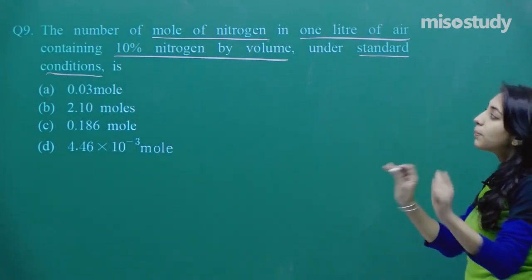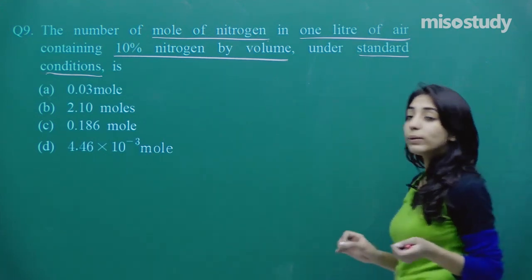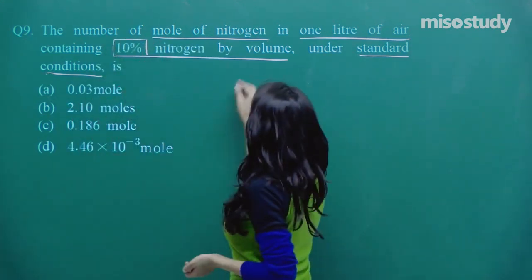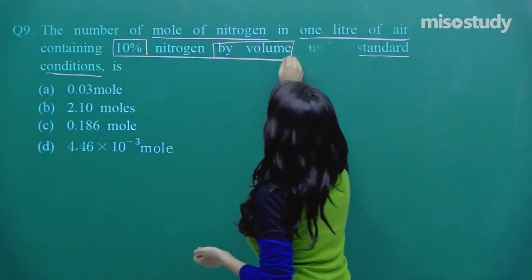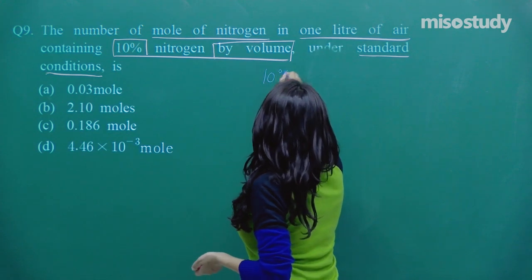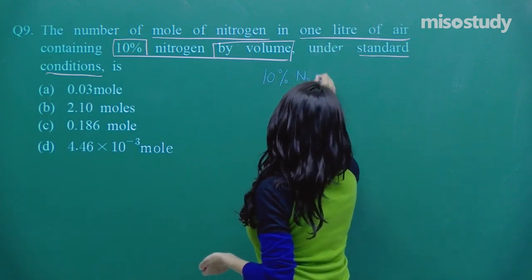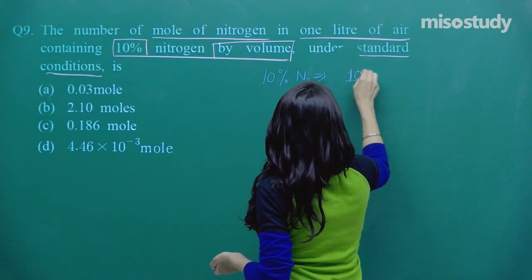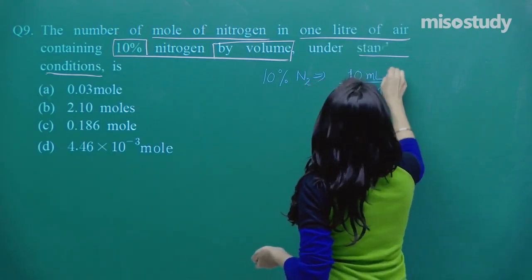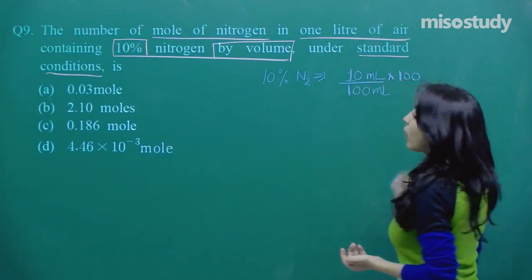Now guys, I'll simply start with what we mean by writing 10% nitrogen by volume. Okay, so if I'm writing 10% nitrogen, can I say 10 ml by 100 ml into 100, right?